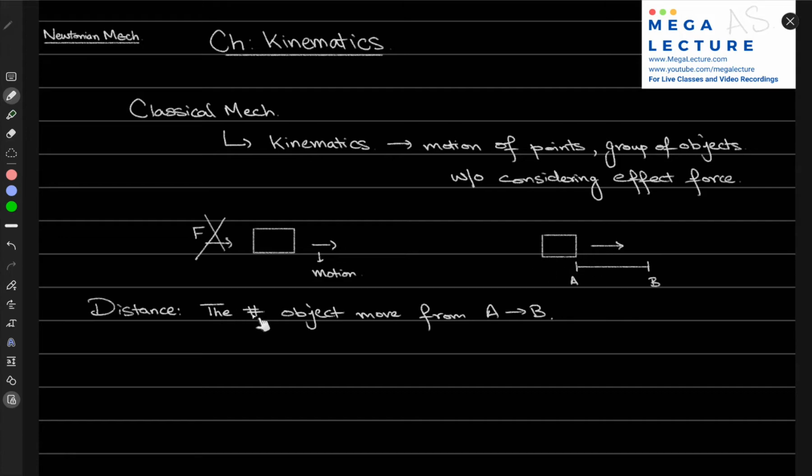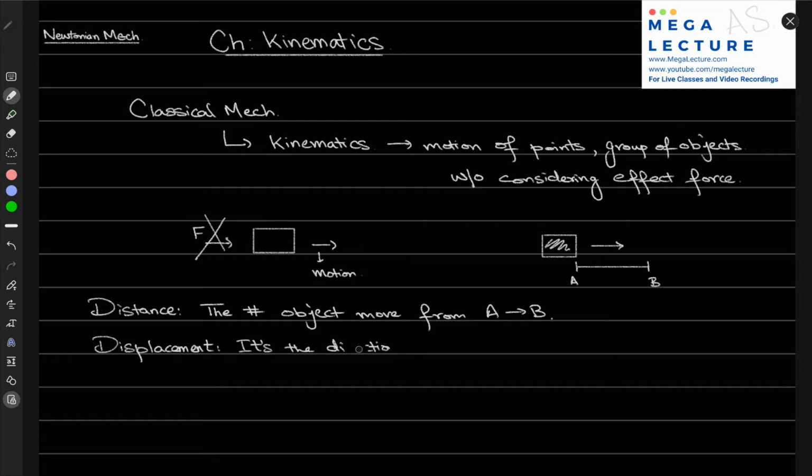Note that we talked in terms of a number and we are not concerned with what direction the box is moving. Which leads us to the next thing, which is known as displacement, where displacement is concerned with the direction of motion. So displacement, you can have the same definition as distance, but with an additional term that describes the direction.